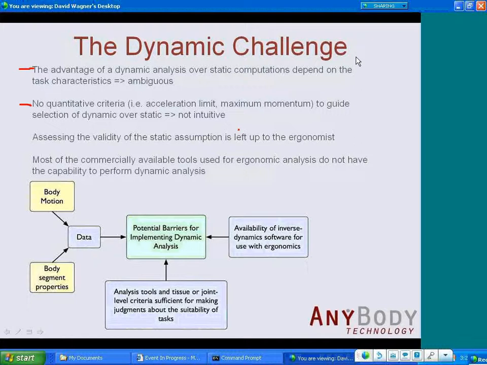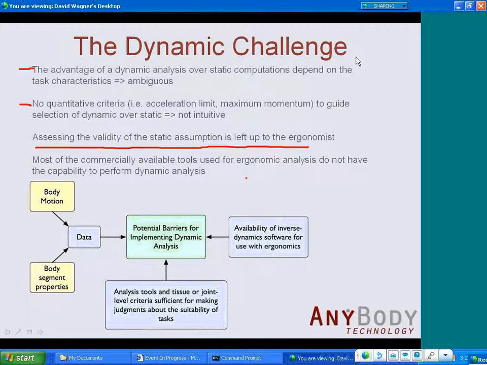So once again, assessing the validity of the static assumption is left up to the ergonomist, which is my role in this task. And most of the tools available to me that perform ergonomic analysis don't even have the capability to perform dynamic analysis, including Jack and SafeWork, although they do a very good job at what they do. However, they've selected to not include those types of capabilities.